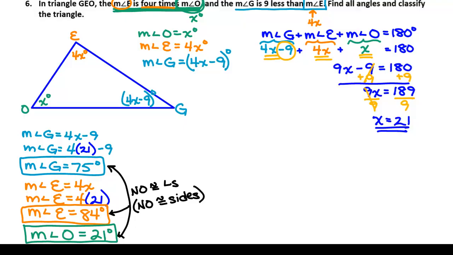That's based on the sides. Then we need to look at based on the angles, right, acute, or obtuse. Are any of my angles 90 degrees? None of the angles are 90 degrees, so it's not a right triangle. Are any of the angles bigger than 90?